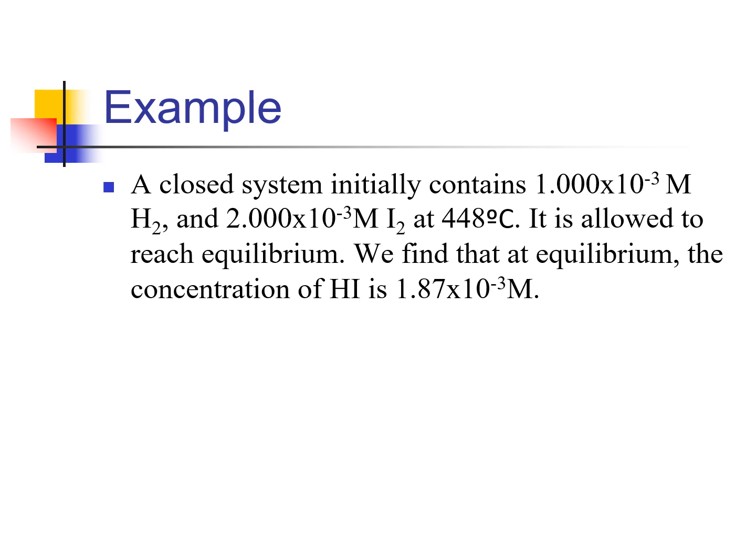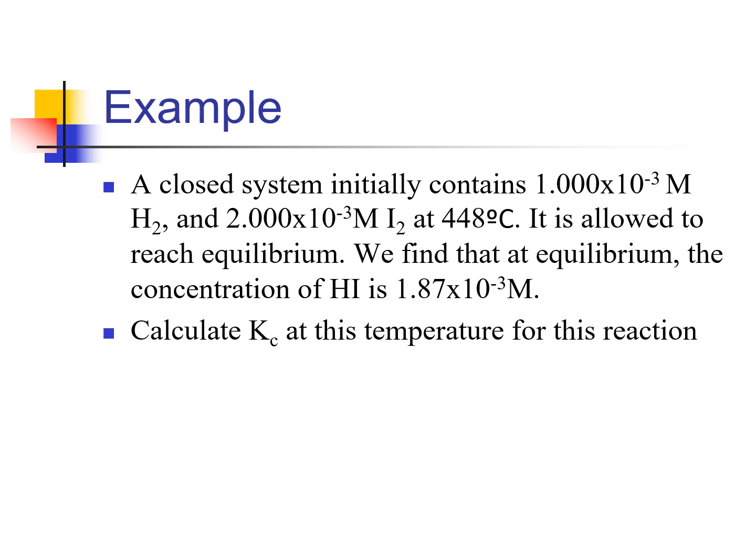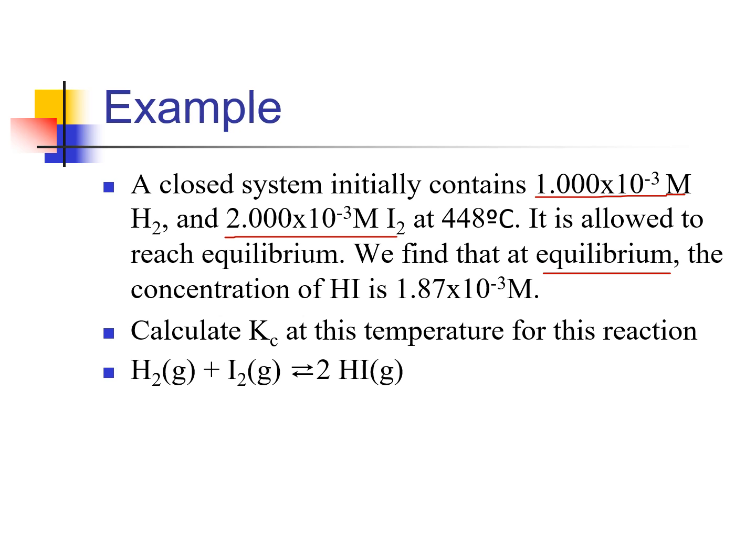We have a closed system. We know the concentration of hydrogen. We know the concentration of iodine. It reaches equilibrium, and we find that at equilibrium the concentration of HI is that. We're going to find K sub C for this reaction. That's our plan. So we know the initial concentration of hydrogen and of iodine, and at equilibrium the concentration of HI.